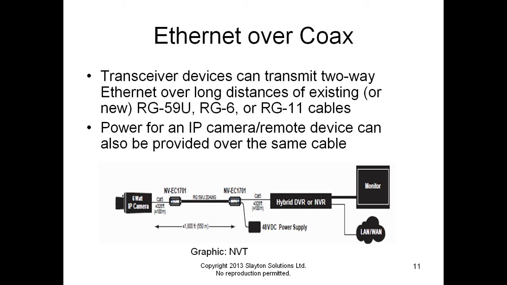We'll use the NVT stuff as an example, though, because it is pretty good equipment and it does a nice job. Here you see an example illustrated where we can go up to 1,800 feet. That would be 1,500 feet of coax and an additional 300 feet of Cat5e cable through these NVEC1701 devices through that existing coax.